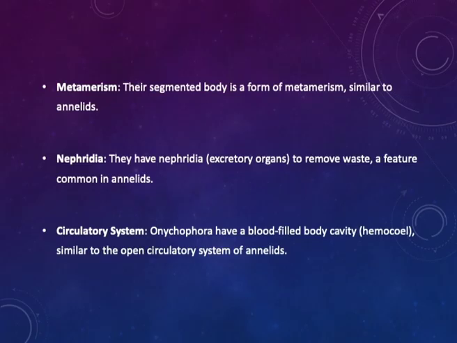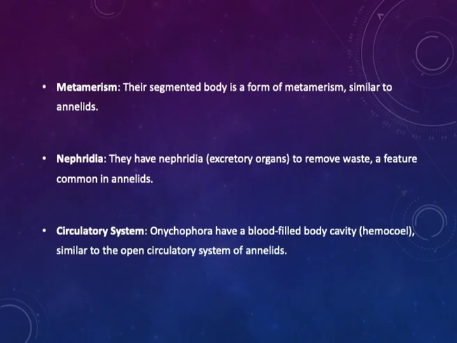And nephridia, which are the excretory organs to remove waste, a feature common in annelids. So, nephridia are the excretory organs to remove waste materials or nitrogenous materials from the body.